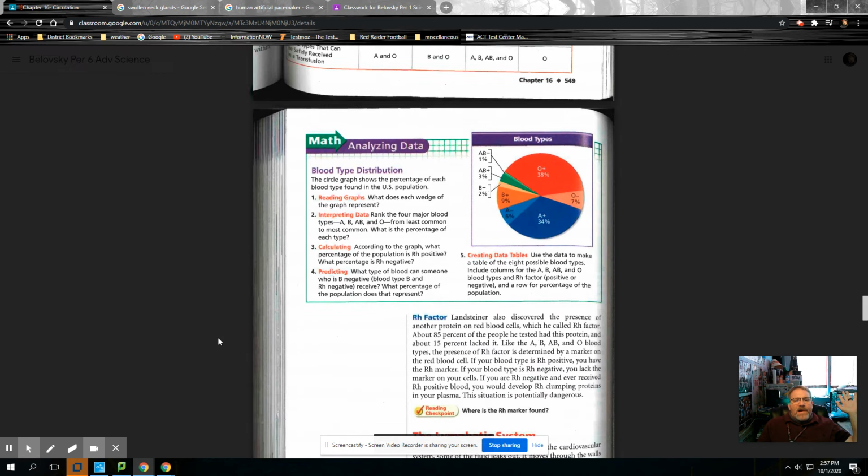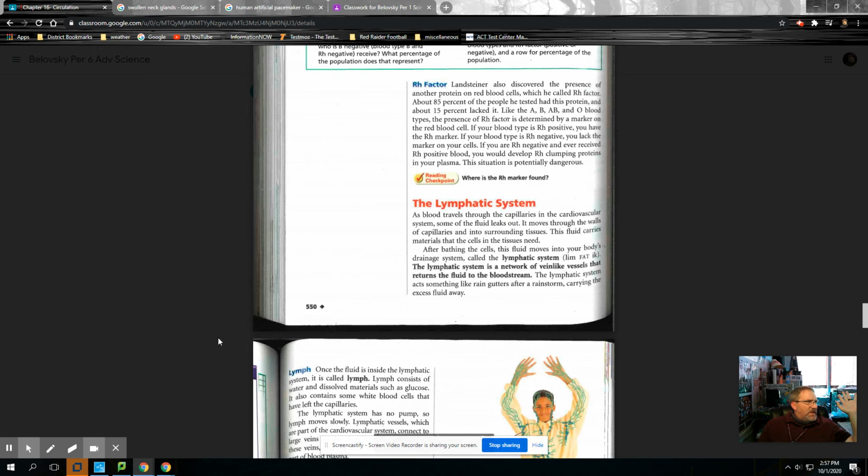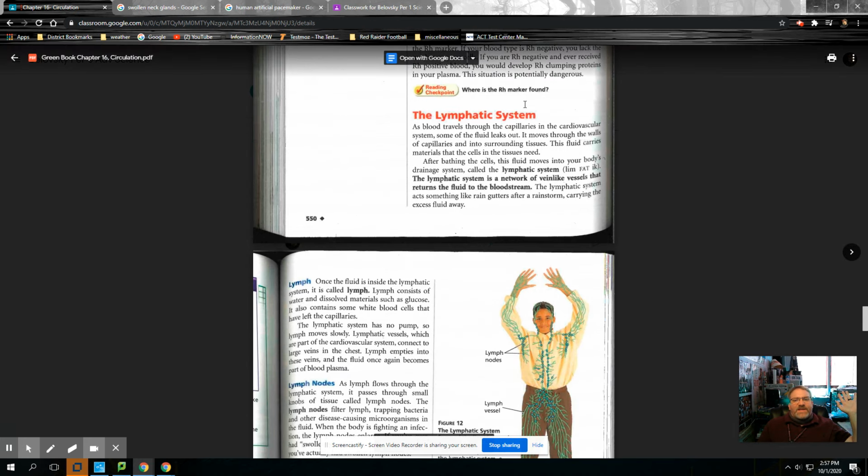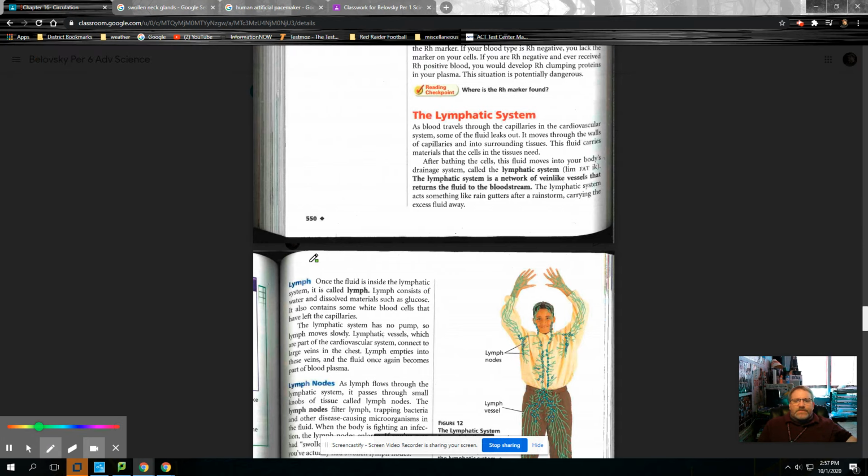Now, after that, we're going to talk real quickly about the lymphatic system. And it is another system in your body. What the lymphatic system basically does is it's a system that tries to keep you healthy, and it works very closely with the circulatory system. So the definition for lymphatic system is right here.